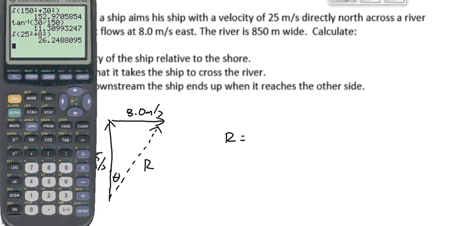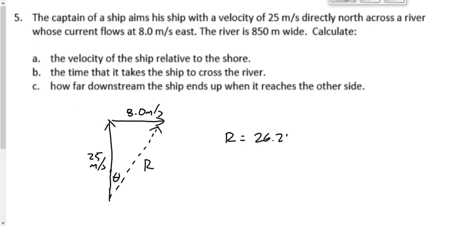I'm going to write down the unrounded number here to 3 or 4 decimal places, because there is a B and a C, and I don't know yet if I'm going to have to use this number later on. If I do, I want to use the non-rounded number rather than the rounded answer. So we're going to say 26.249 meters per second, which will now round to 26 meters per second. Still got the unrounded number there if I need it, though.